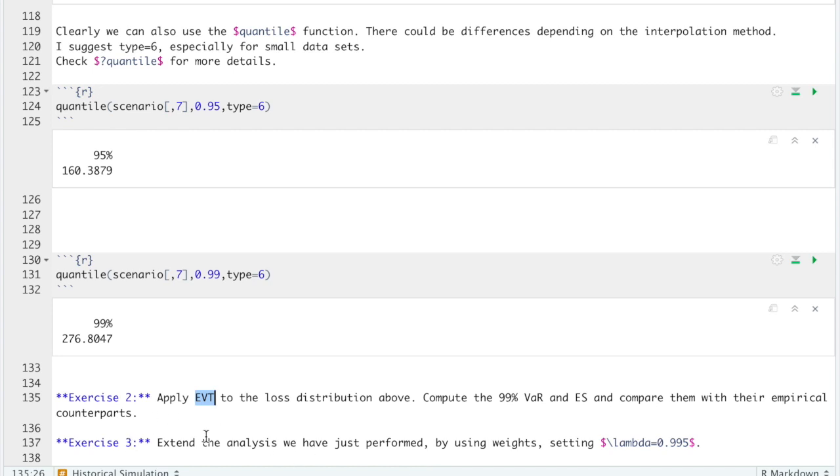And the third exercise is just a very basic exercise. In the theoretical class, we have seen that if we want, we can extend the historical simulation by introducing weights, for example those defined in terms of the lambda parameter, like the ones we have seen for volatility. And what I ask you to do is to perform all the analysis again, but now weighting the scenarios using a lambda of 0.995, which is a lambda that slightly gives more weight to the observations that are closer to us in terms of time.